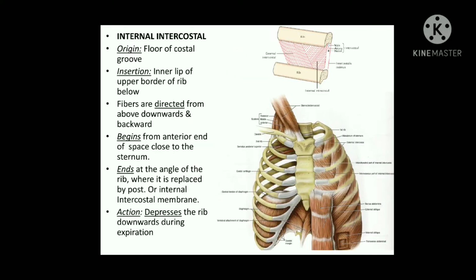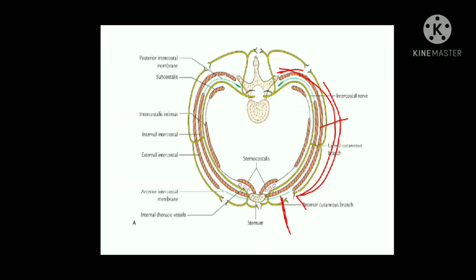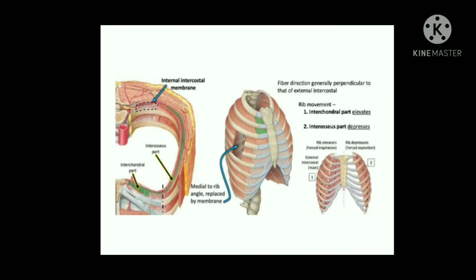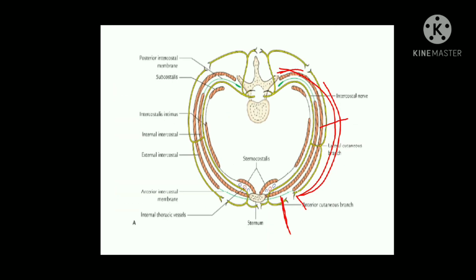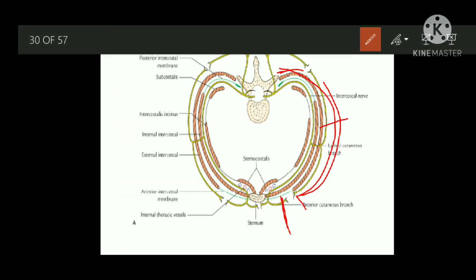Second layer, that is the internal intercostal muscle. This extends from lateral to the sternum, we can see here, to the angle of the rib. It is an intermediate layer.